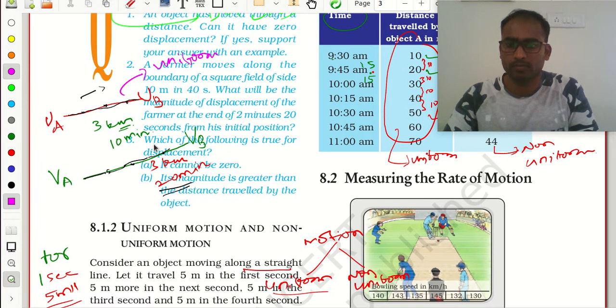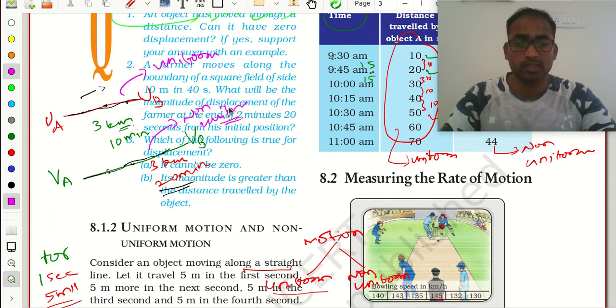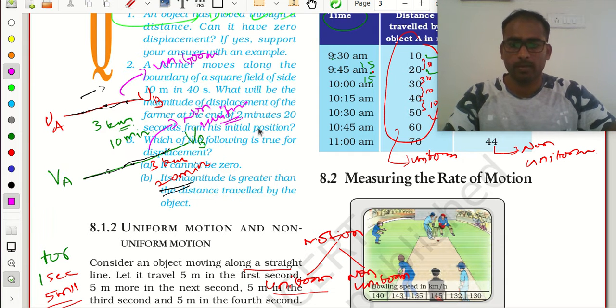Yes, uniform. So just observe in your real life. The bus is traveling from one district to another district. Is that uniform motion or non-uniform motion? Bus.